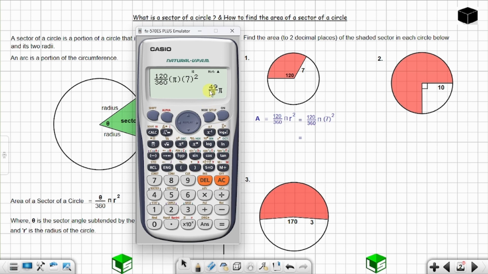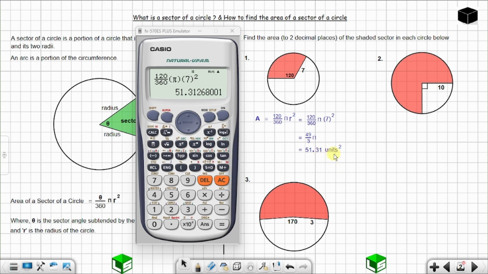This is equal to 49 over 3 pi. You have to get your answer to two decimal places, so this is equal to 51.31 square units. Because this is the area, the units are square units.